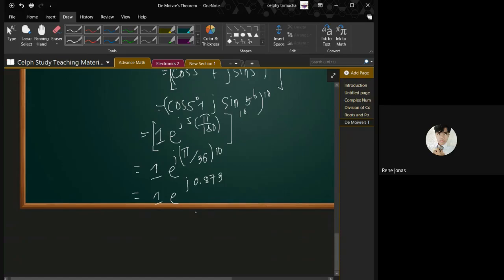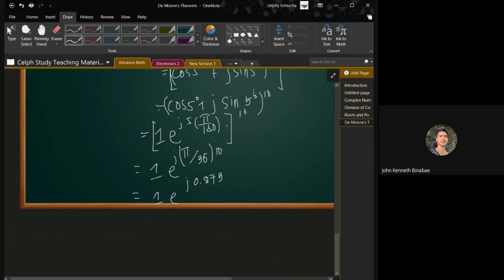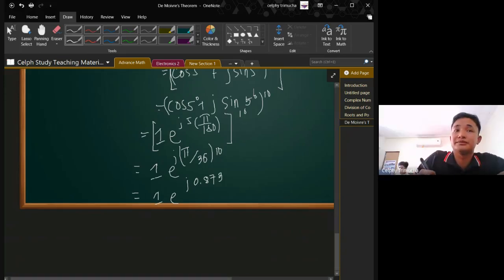It is the same as 50 pi over 180, the same as 0.873. So we express it in exponential form. Our magnitude is 1, and our angle will be equal to 0.873 times 180 all over pi.